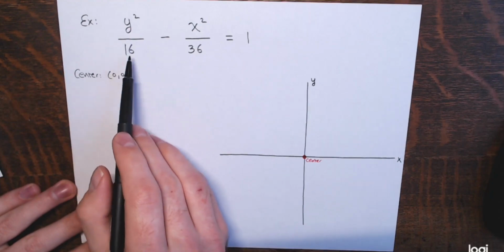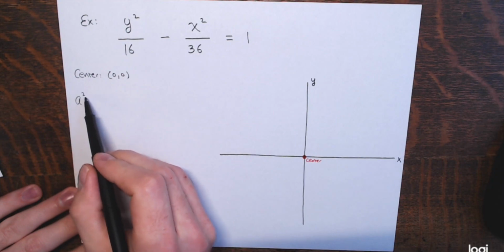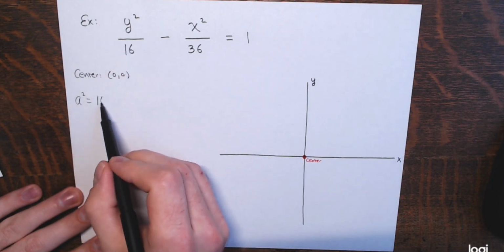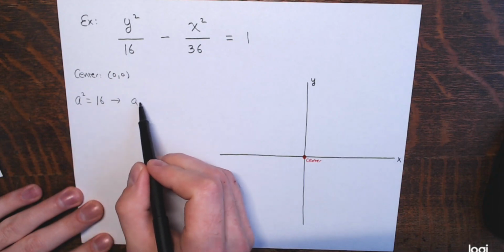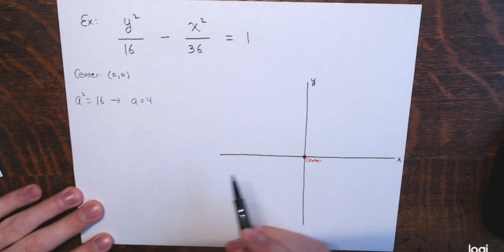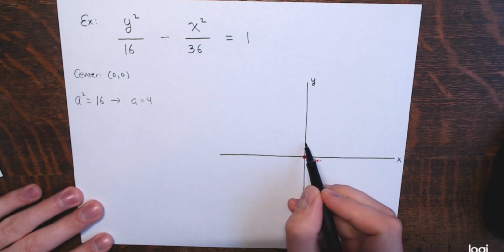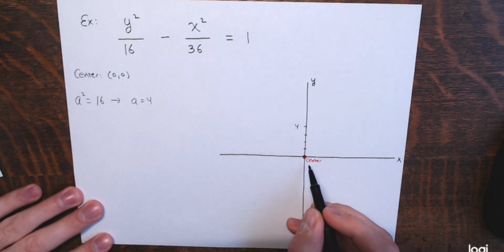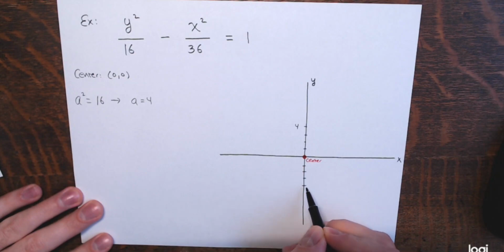So we see here that a squared, this first denominator under the positive term, is 16, meaning that a is 4. So I'm going to go 4 units above the center. There's a vertex, and 4 units below the center, there's another vertex.